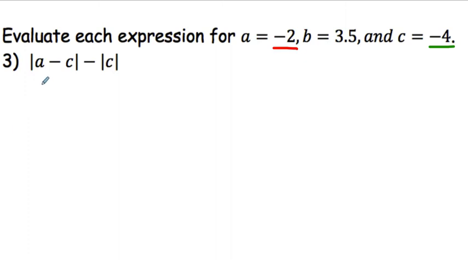So up here, we have absolute value of A minus C, absolute value there. I'll fill in numbers here in a second. I'm just filling in all the extra stuff that we don't change. So first of all, A is -2. So I have a -2 right here for A, and then C is a -4.